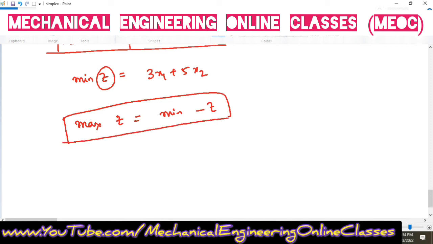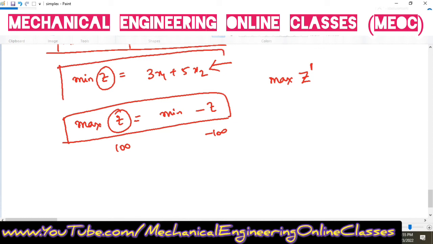If I am saying that z is maximum when it is 100, so z is minimum when it is minus 100. As simple as that. So if the given case is this, multiply this with minus 1 all together, and that will become a maximization problem. Say for example, the question is minimize z is equal to 3x1 plus 5x2, and we do not know how to solve with the minimization algorithm.